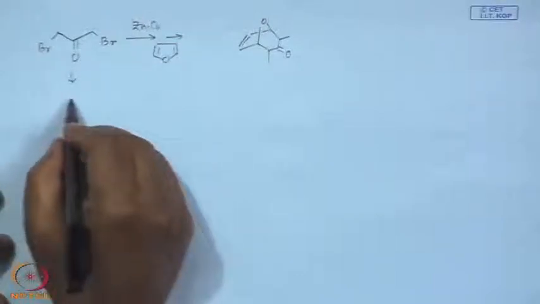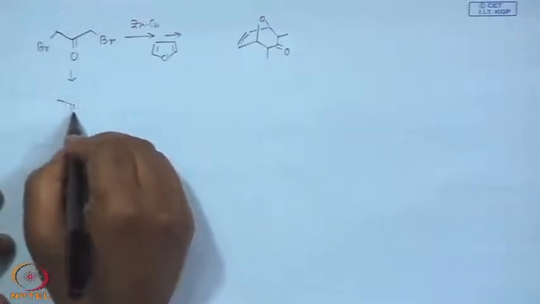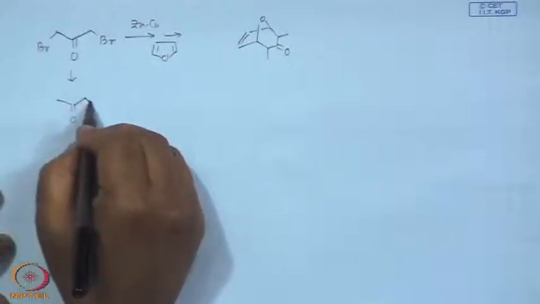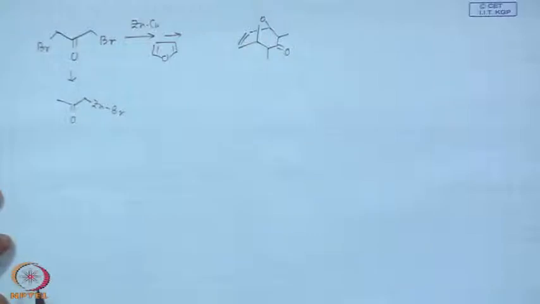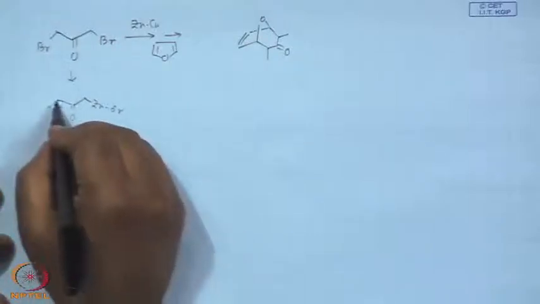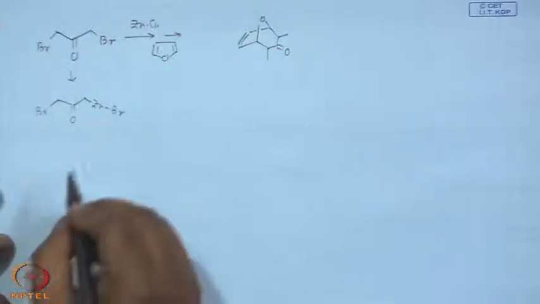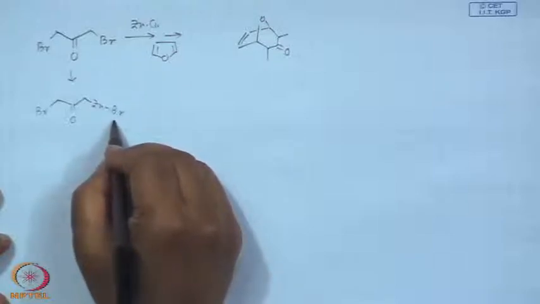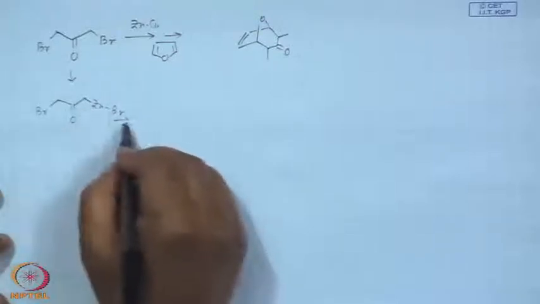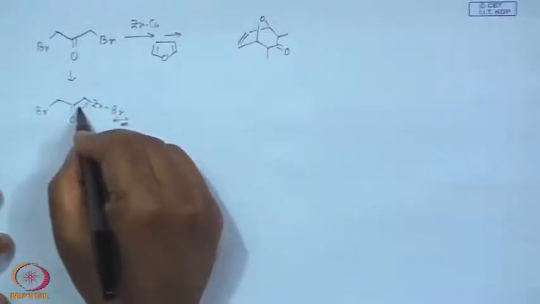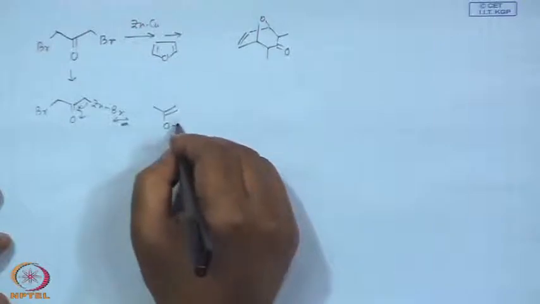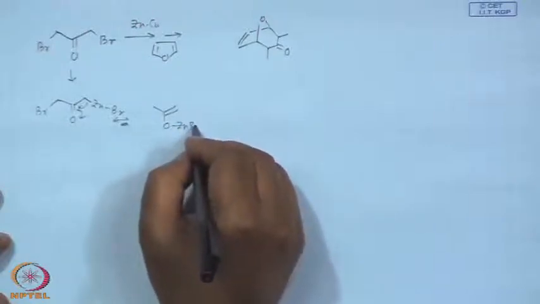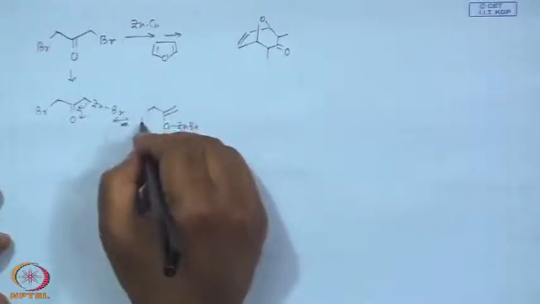You can think of it simply: all of us know zinc undergoes oxidative addition in between the halogen and carbon bond. So, you will have bromine here, and then this can undergo a 1,3 shift of zinc. The result would be oxygen zinc here and the bromine here, and then you have this.